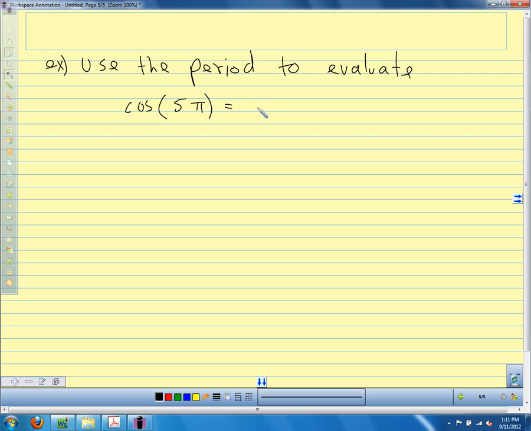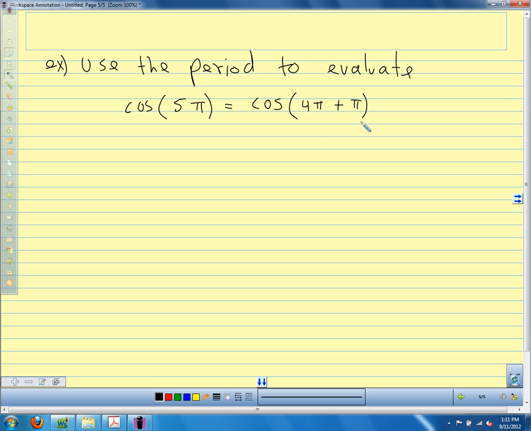So how could we rewrite cosine of 5 pi as a multiple of 2 pi plus some other angle? Well, what's the closest multiple of 2 pi to 5 pi? 4 pi. So we're going to write this as 4 pi plus what? Pi.